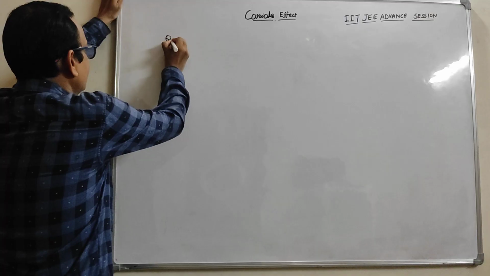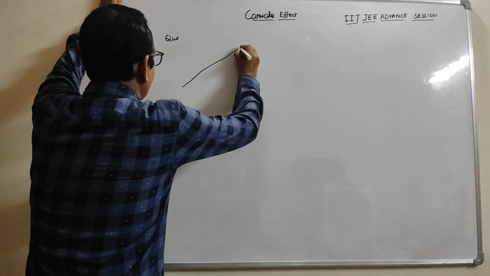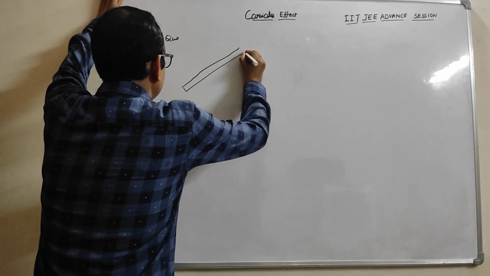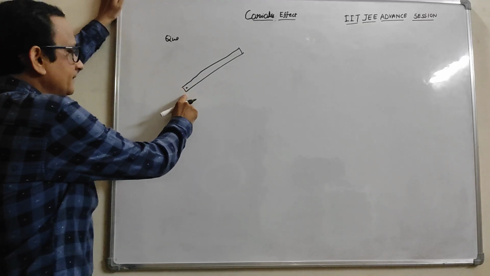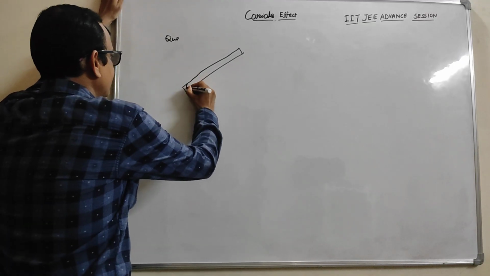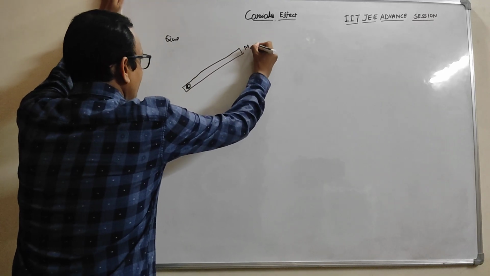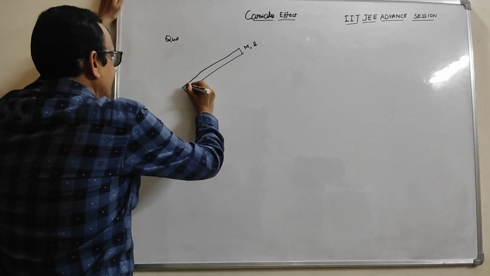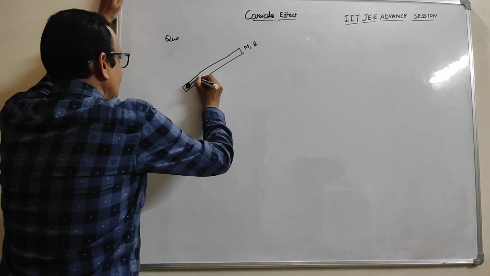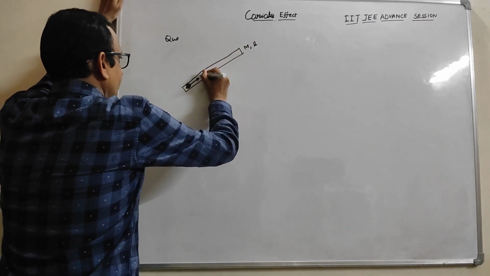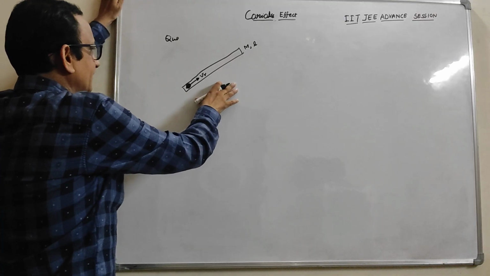So we consider here a rod having mass m, and at this particular point is a hinge, and an insect having mass m. This rod has mass m and length l, and this insect is moving with respect to the rod with velocity vr.